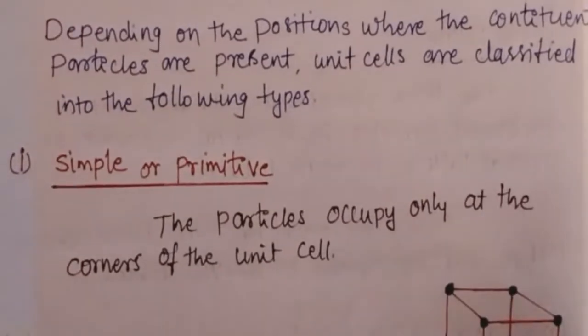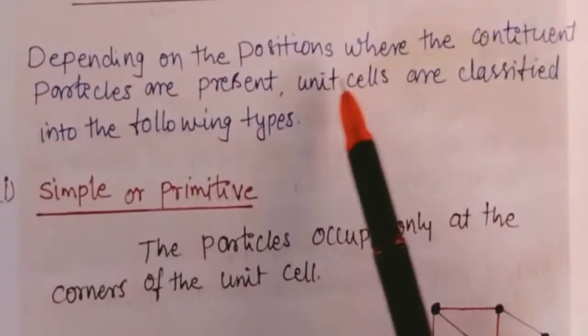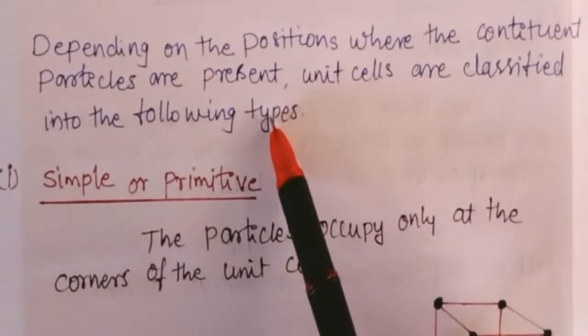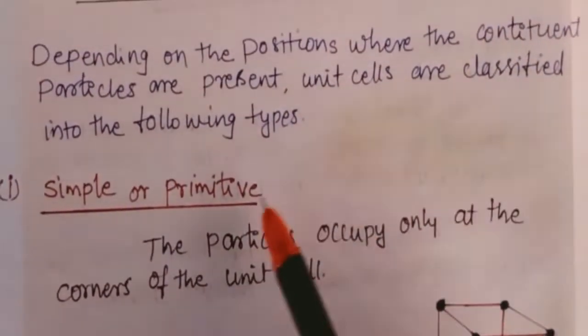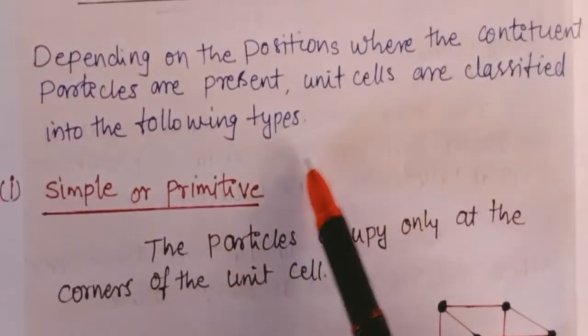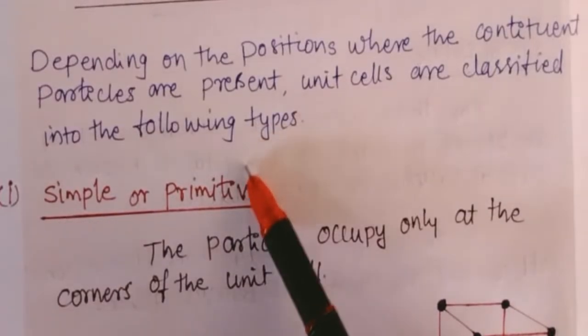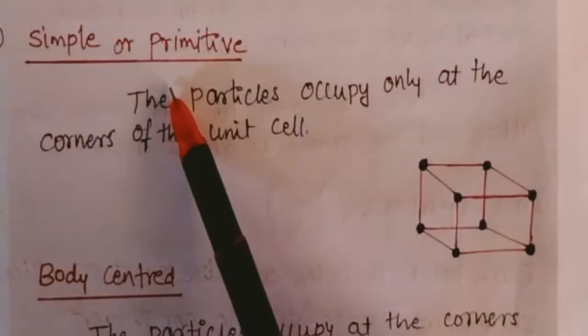The next one is the different types of unit cell. Depending on the positions where the constituent particles are present, the unit cell can be classified into 4 types. The first one is simple or primitive.